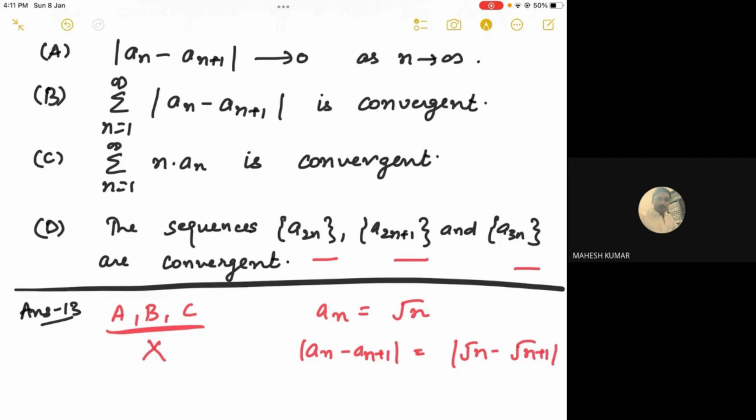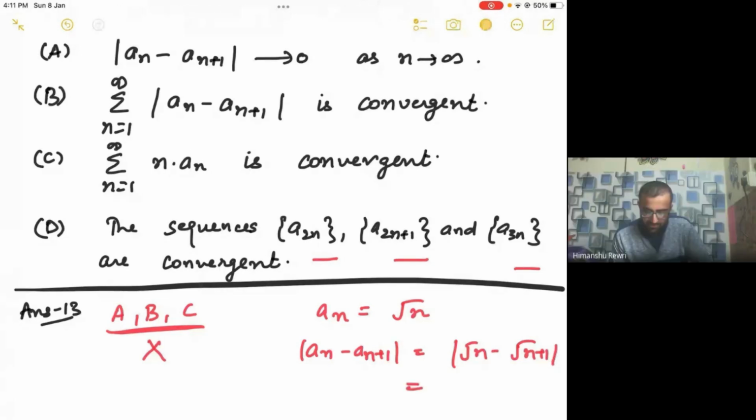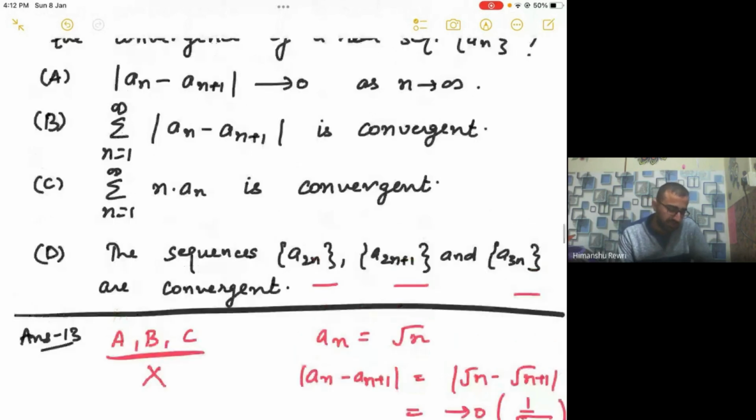After rationalizing, it will be 1 divided by square root of n plus square root of n plus 1, so it will go to 0. So option A is incorrect.